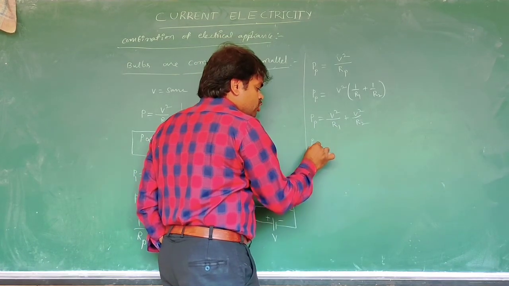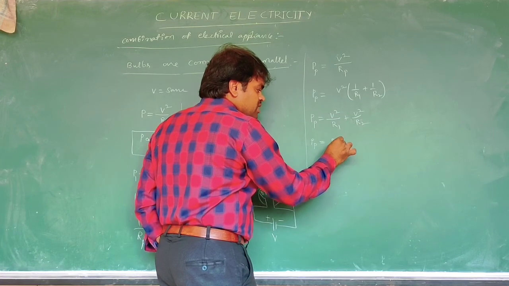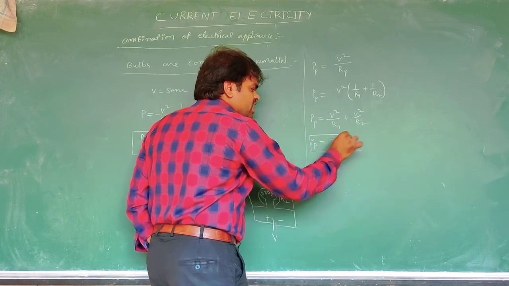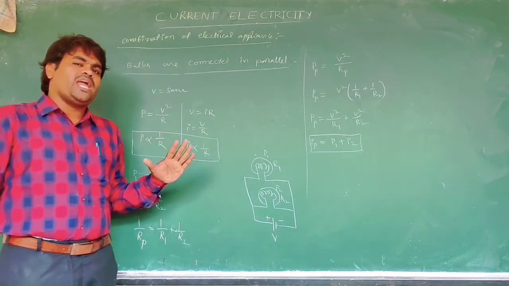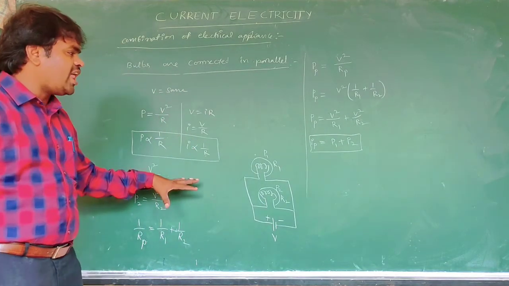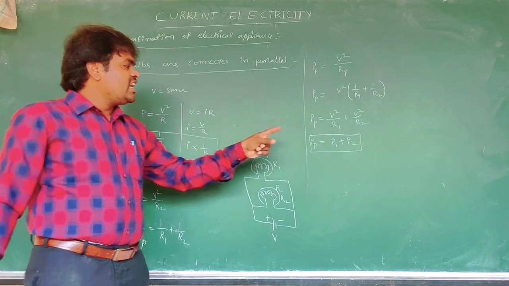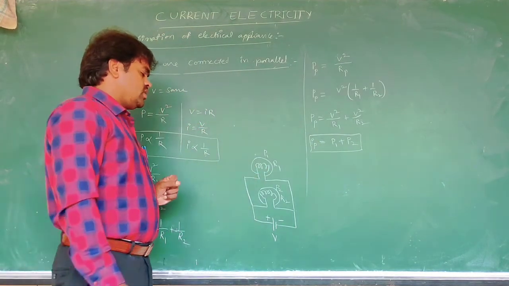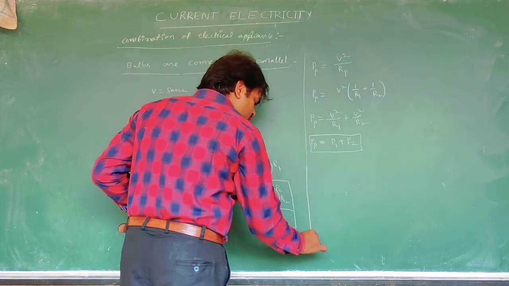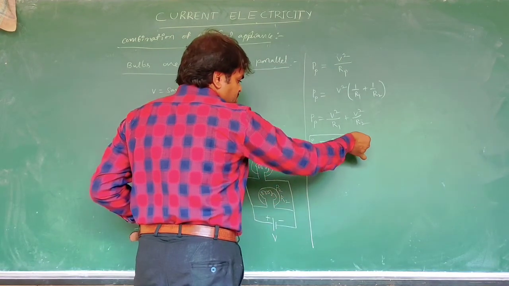Then Pp is equal to P1 plus P2. That means the effective power of electrical appliances connected in parallel is greater than the individual power. Here Pp is equal to P1 plus P2.